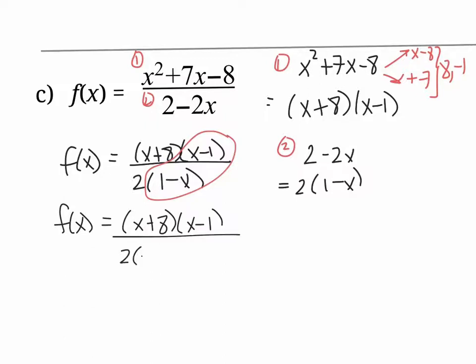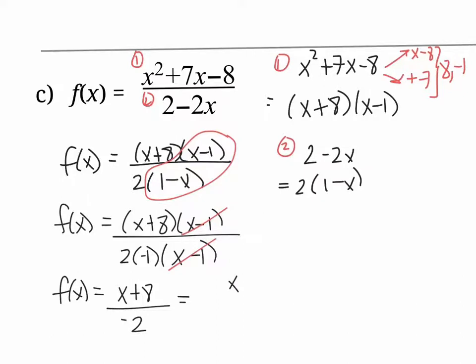But if I factor out a -1, this term will become positive x, and this term will become -1. And then look at that. Now they're exactly the same. And so now we can cross them out, and we'll be left with, on the top, x plus 8. And at the bottom, we'll be left with 2 times -1, which is going to be -2.